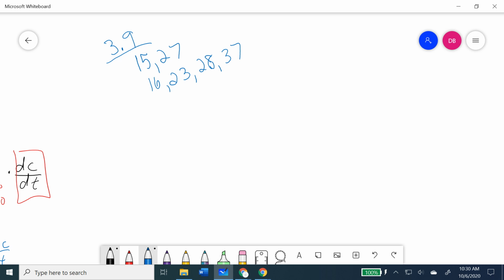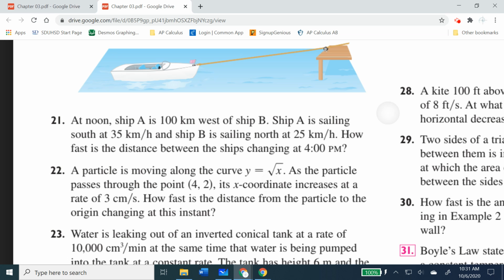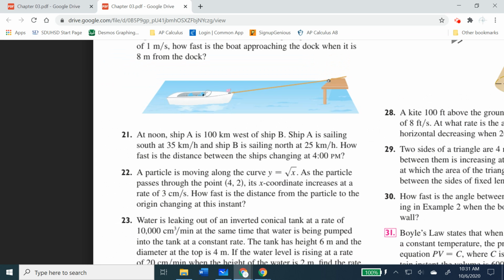Has anyone gone on Khan Academy and done some of their related rates? Excellent. Good to hear. Okay, so if you want a physics particle motion problem, is there a specific one you had in mind? A new one. Let me think.